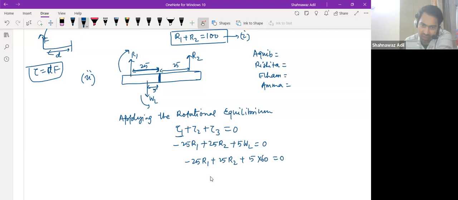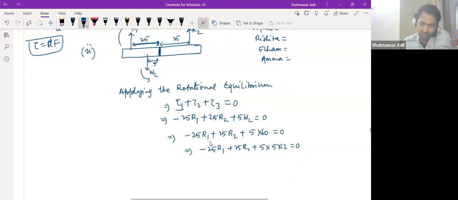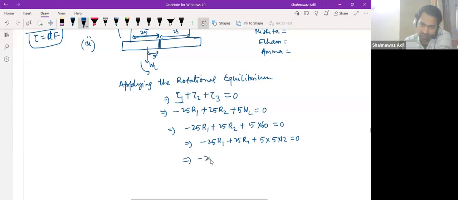This is minus 25 R1 and this is 25 R2 plus 5 into 12. So what I will do is take minus 25 common. So this would be R1, this would be R2, and minus 12.